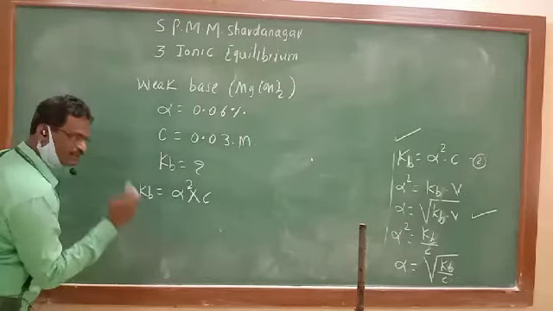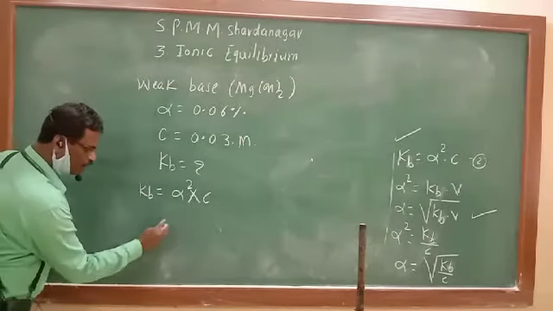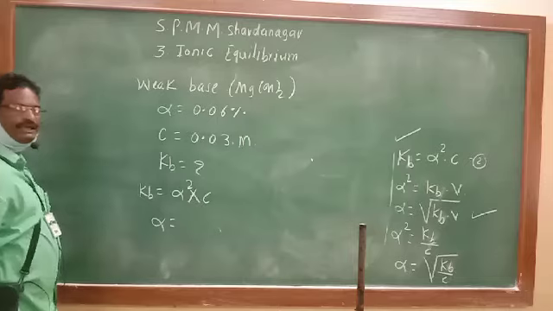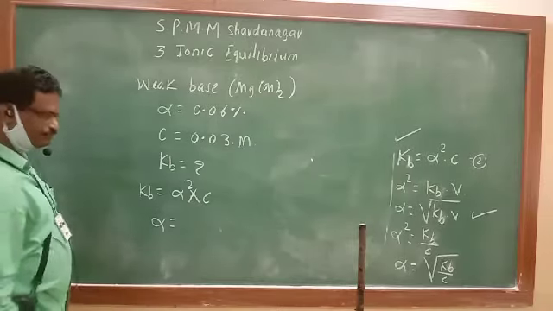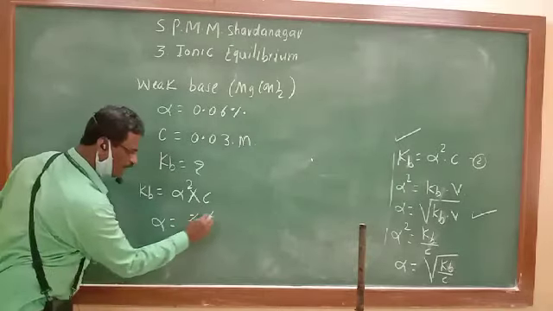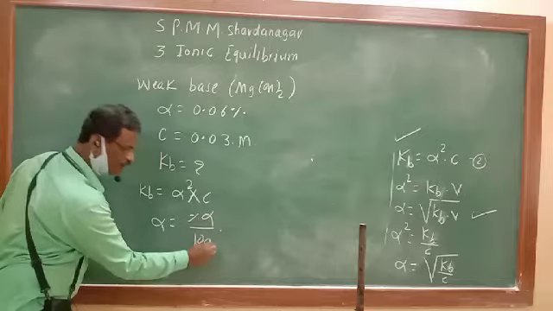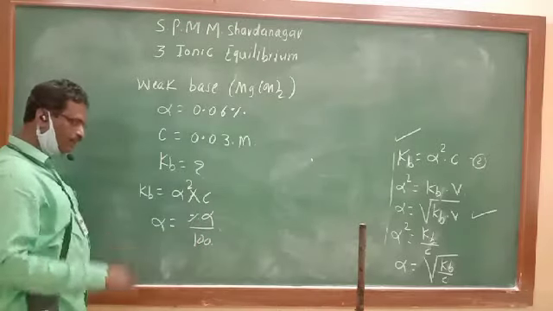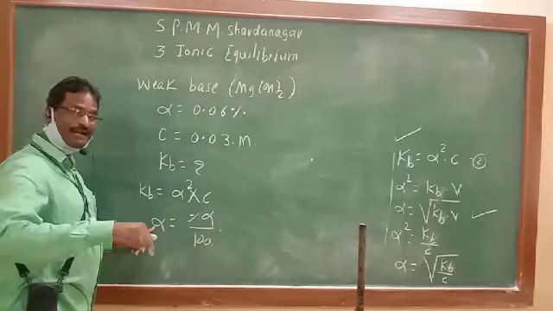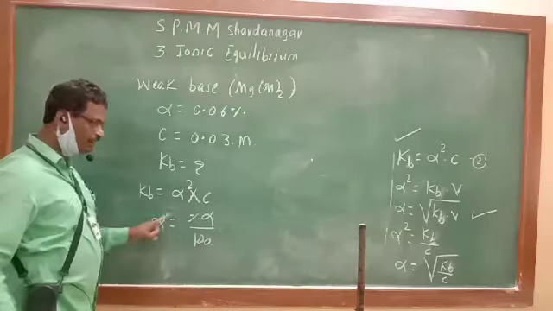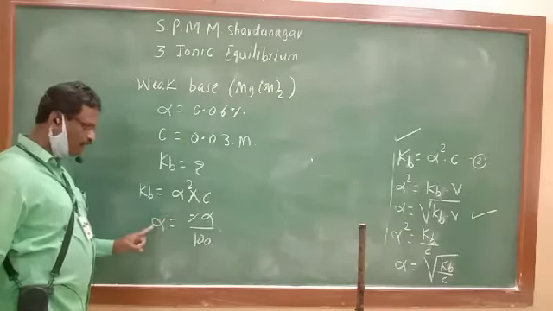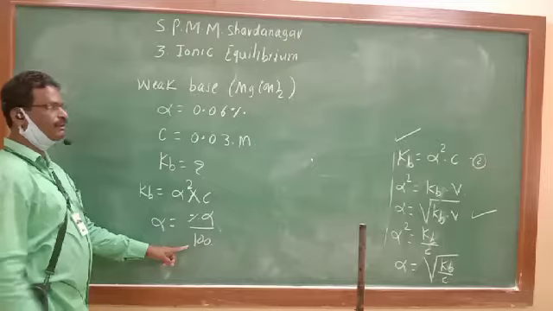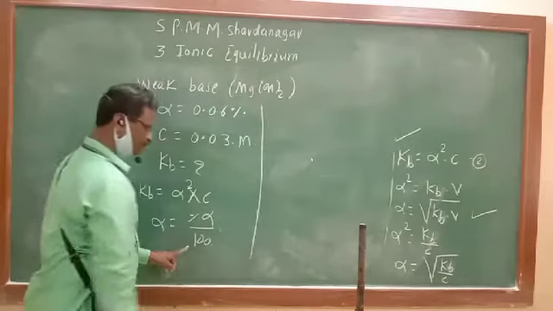So this percent alpha we have to convert into alpha. What is the equation for alpha? We know alpha will be equal to percent alpha divided by 100, because whenever alpha is multiplied by 100, we get the percent alpha. Therefore, alpha is equal to percent alpha divided by 100.